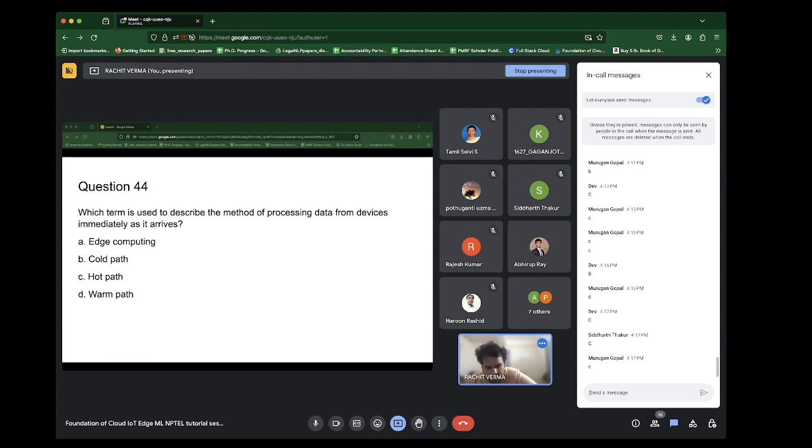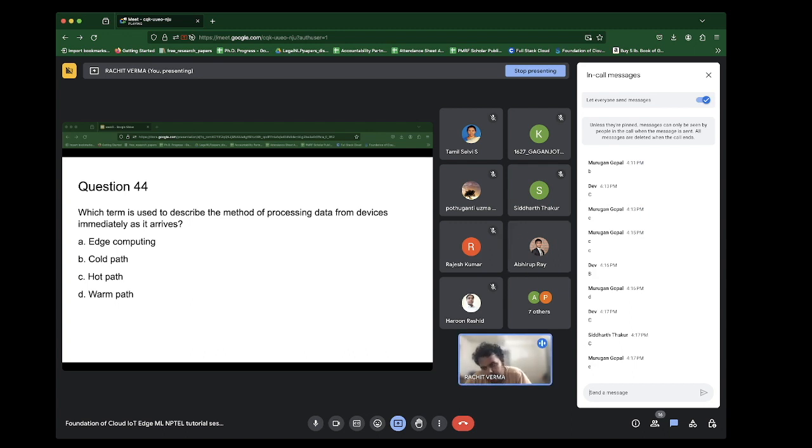C, hot path. Okay, so the answer is C, hot path.